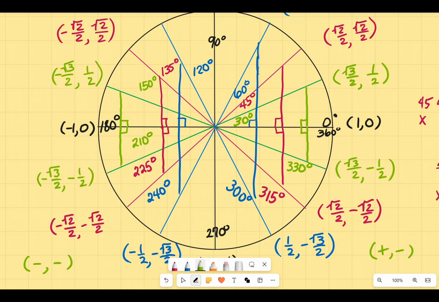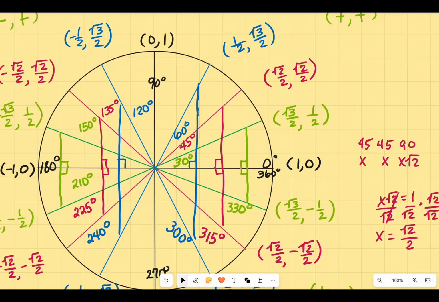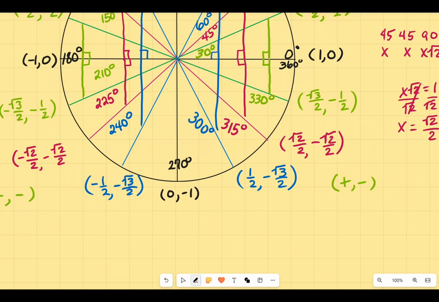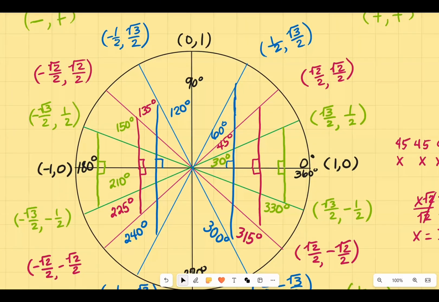Now what we have to do is convert these degrees to radians. We did that in another video, but I'll remind you what the formula is. You take whatever your degree is and multiply it times pi radians over 180. So we already know 30 times pi radians divided by 180 gives us pi radians over 6.